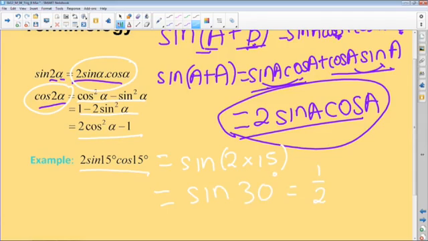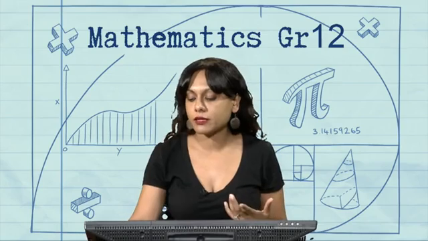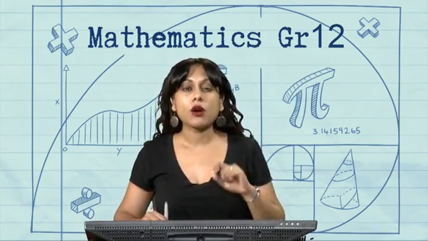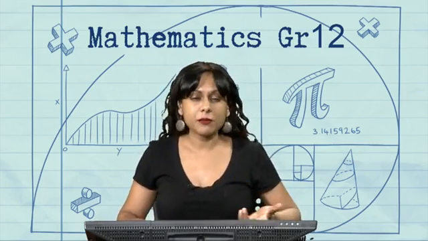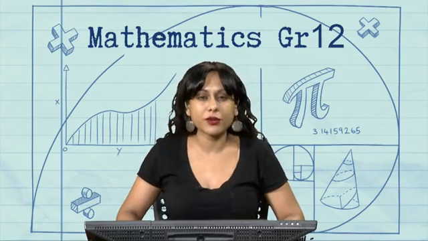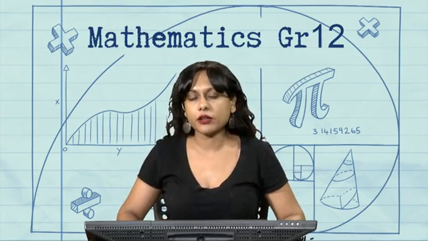So you see how simple compound and double angles make calculations. It can really simplify life quite a bit, especially for questions that say without a calculator. So it's time for you to have a go at a few questions. I'm going to give you a chance to look at this one. This is a very quick one, so I'm only going to give you a minute.